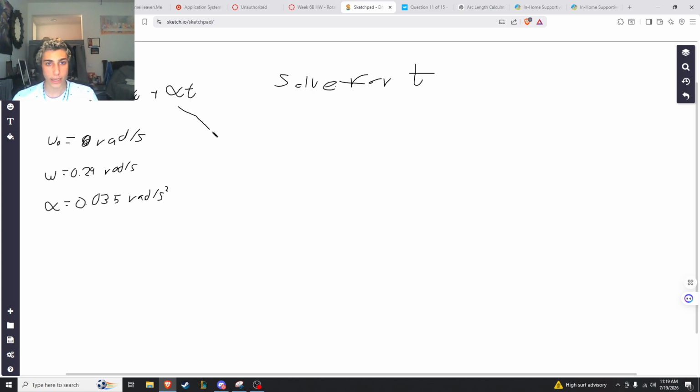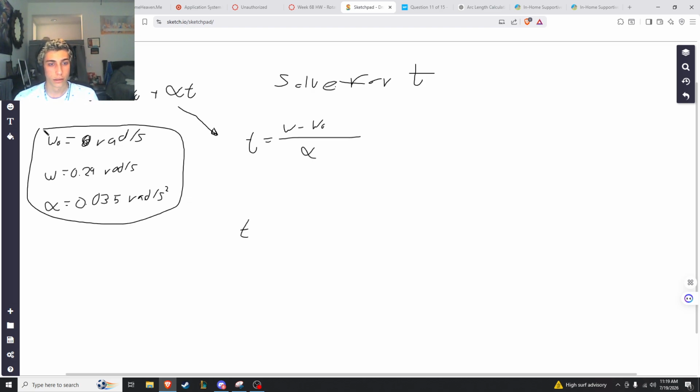So we want to rewrite the angular kinematics equation to t equals w minus w initial over alpha. We just want to insert the numbers that we have.